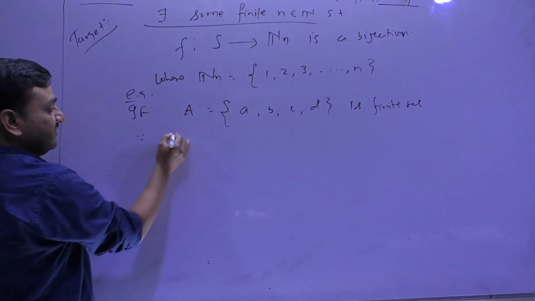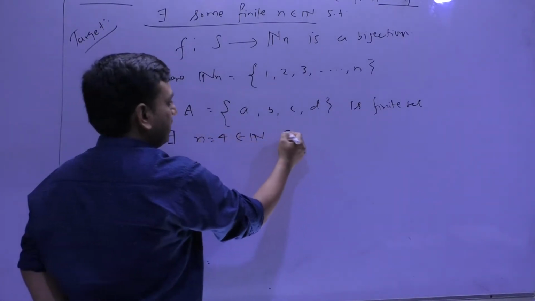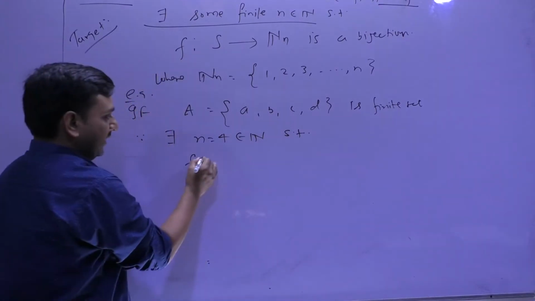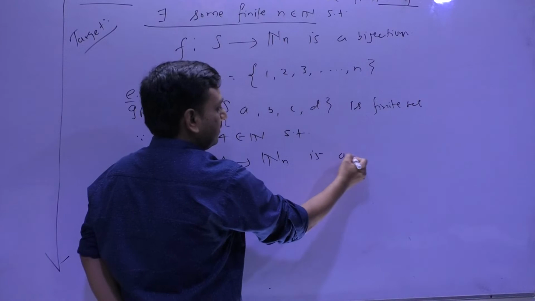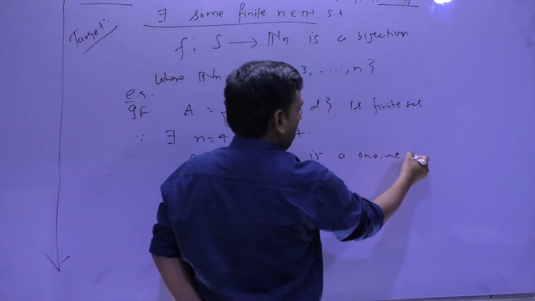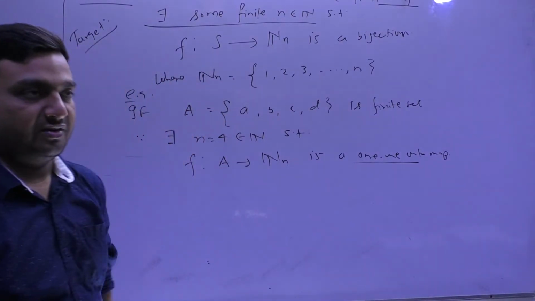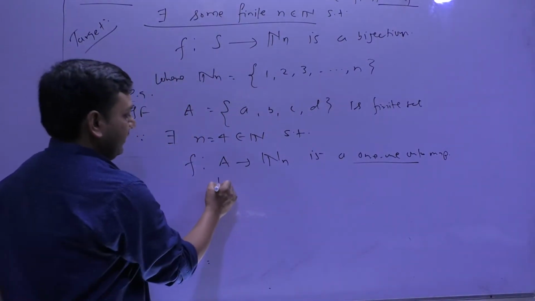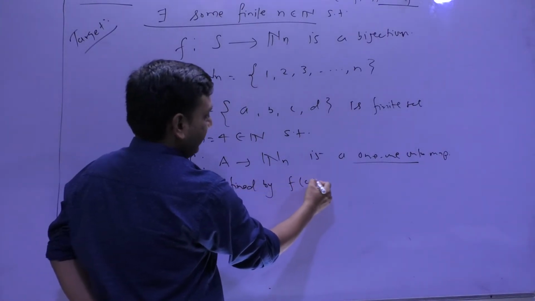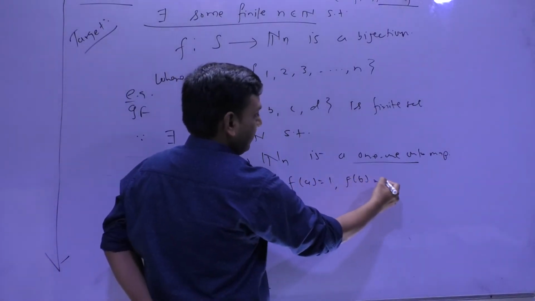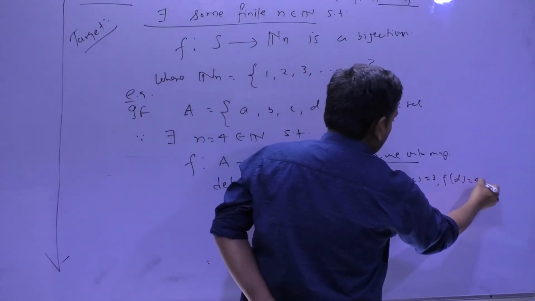Since there exists n equal to 4 such that f from A to N_4 is a one-one onto map, and one-one onto means bijection, defined by f(a) = 1, f(b) = 2, f(c) = 3, f(d) = 4.